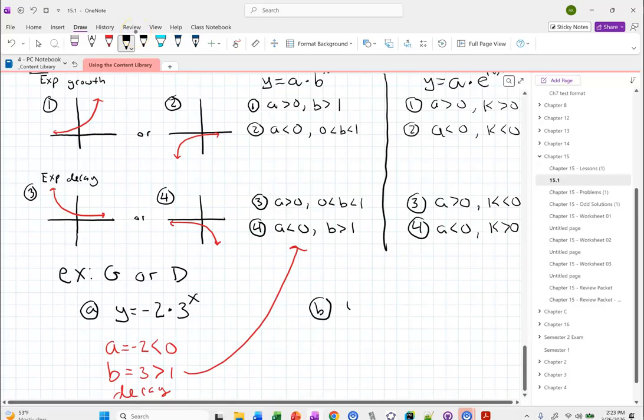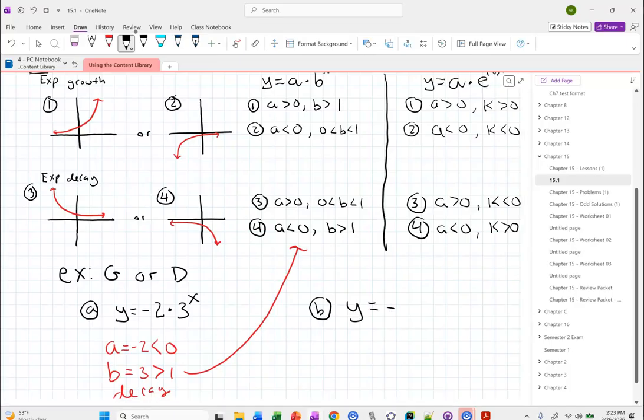If you looked at the graph on your calculator, you would see something similar, right? Yeah. So let's look at this one. Notice this is in the form with the e.